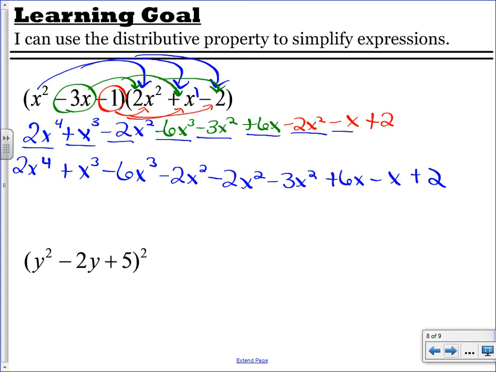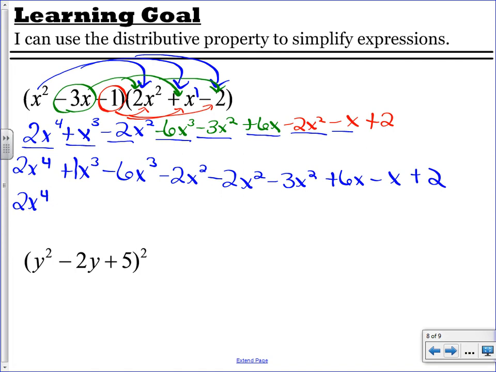Okay, Carissa, what am I going to write down here on my next line? 2x to the power 4 plus minus 6x cubed. Not minus 6x cubed. So what do I have here? When there's no number in front, what does that mean? 1.